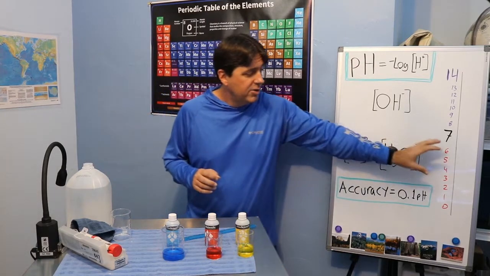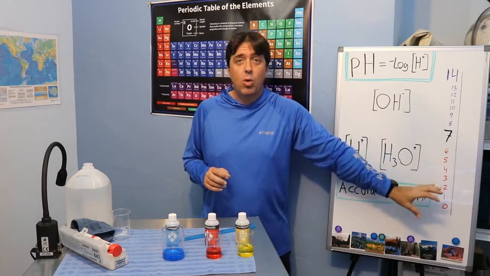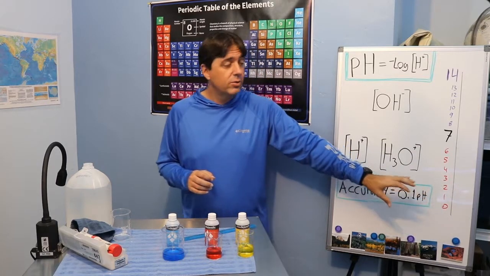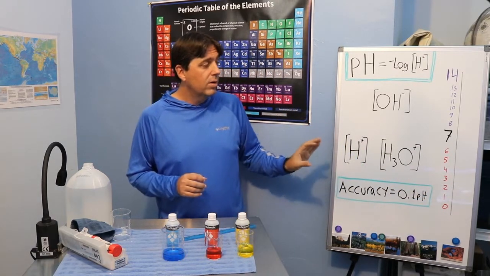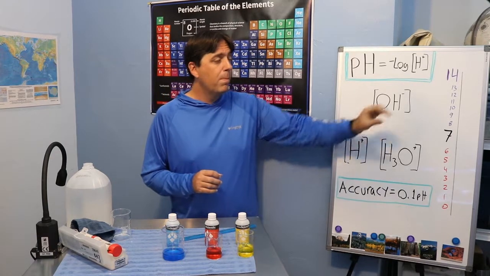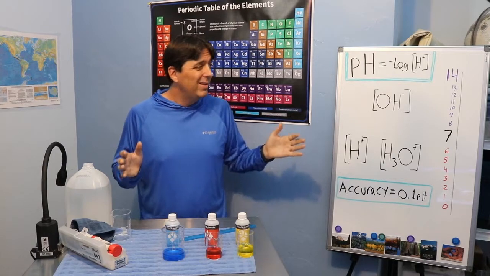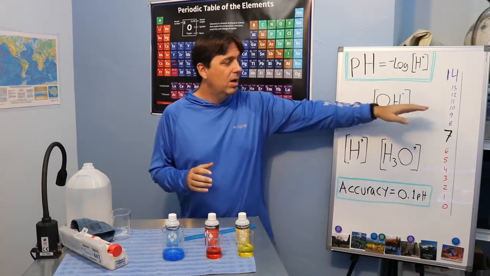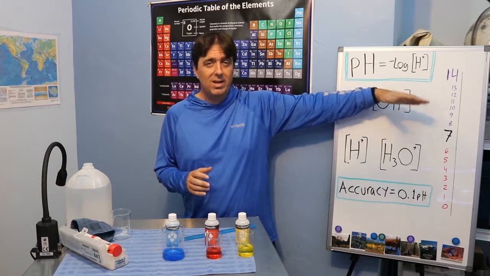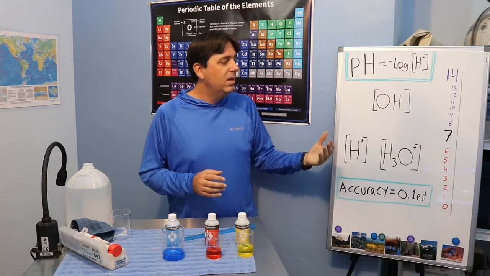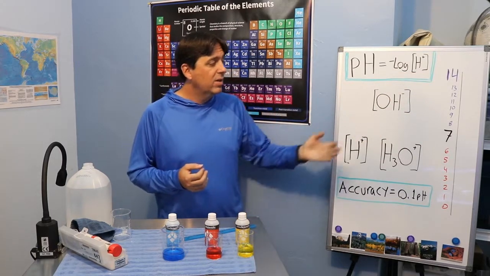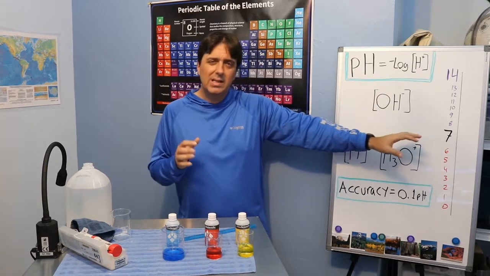The higher the hydrogen ion concentration is, the more acidic your solution is. The lower the hydrogen ion concentration, the more basic you're going to be. When we look at the ocean, the pH tends to be around 8, 8.5, right? There's some fluctuation there. In rainwater and some freshwater, you can get down to about 6, so slightly acidic.